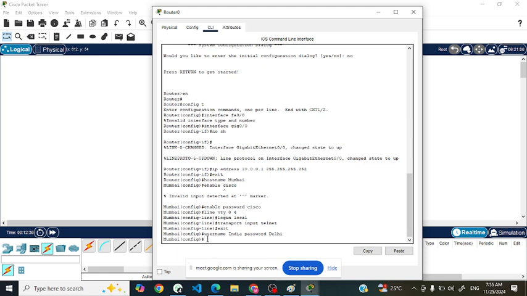But first of all, we need to configure the IP domain name. IP domain name, then crypto key generate RSA. So IP domain name pmnetworking.com.